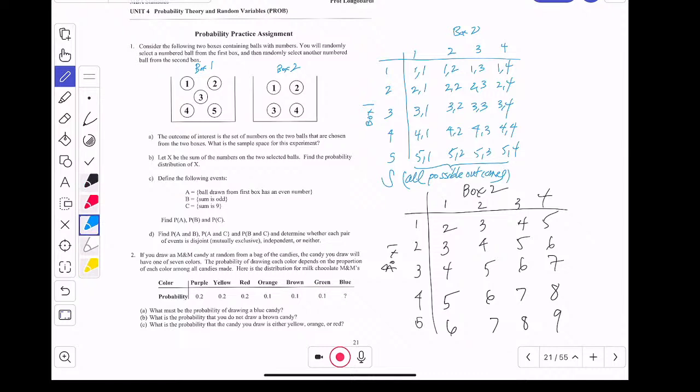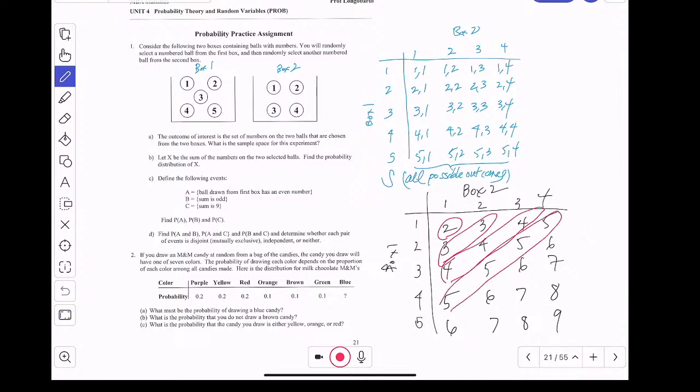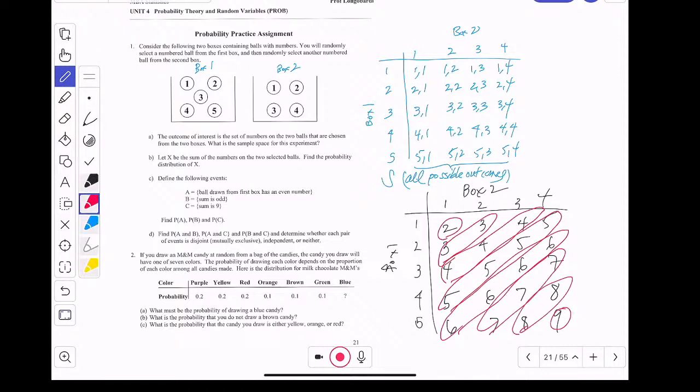But I can group them because there's more than one way to get 3 or 4 or 5 or 6 or 7 or 8. So that increases the probability of getting a 3 or a 4 or 5.